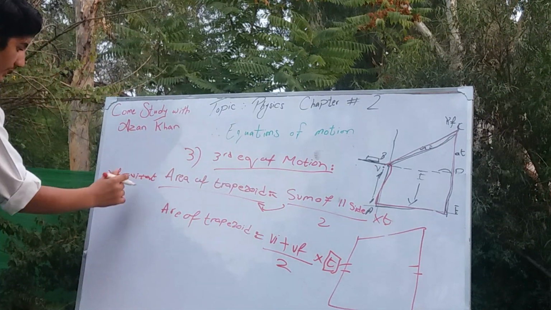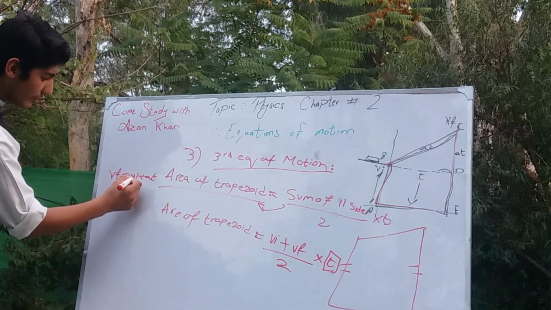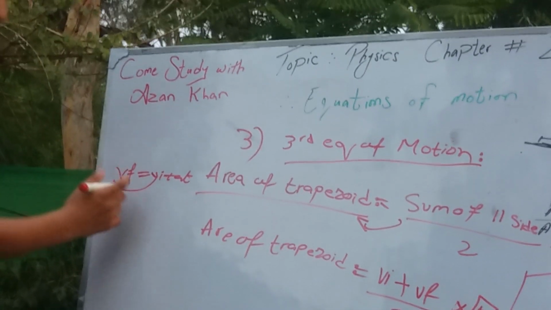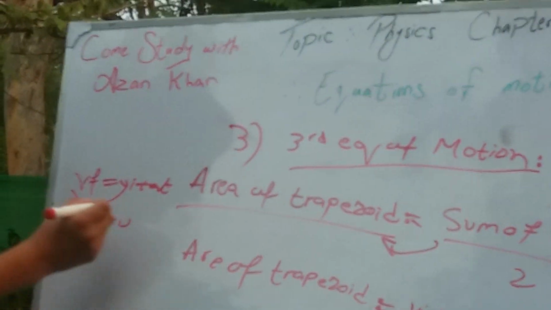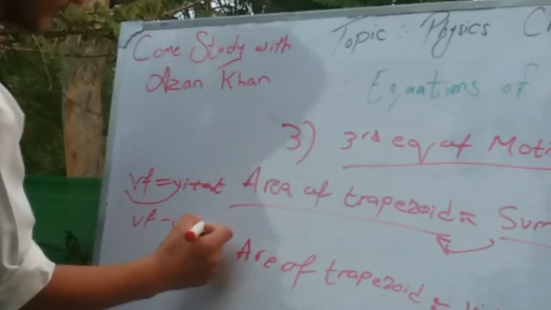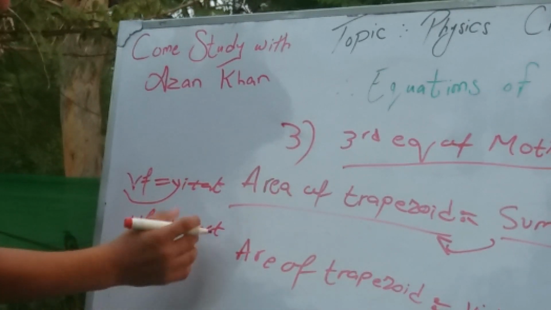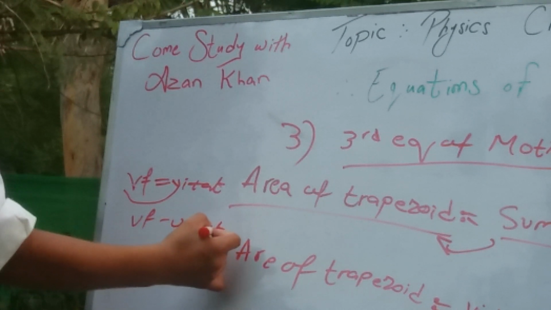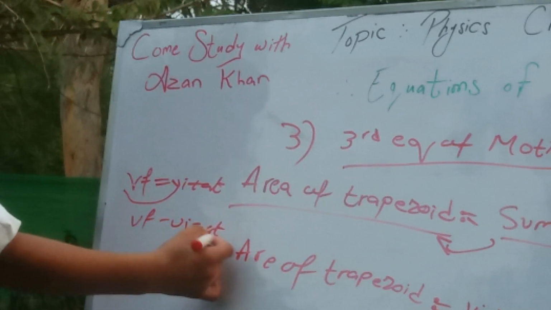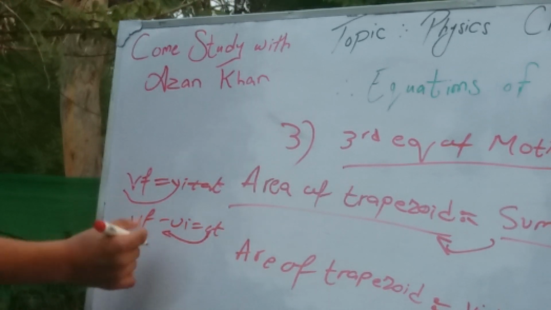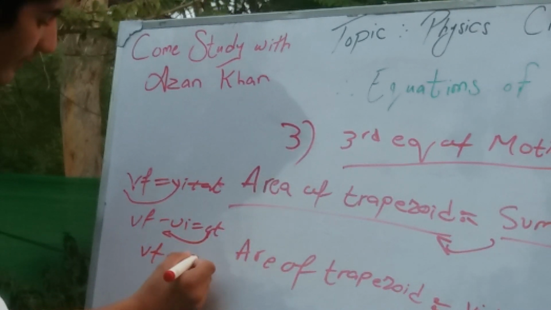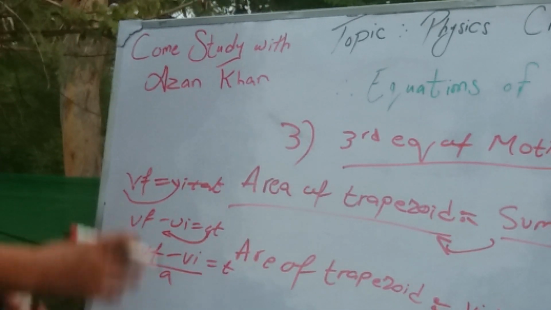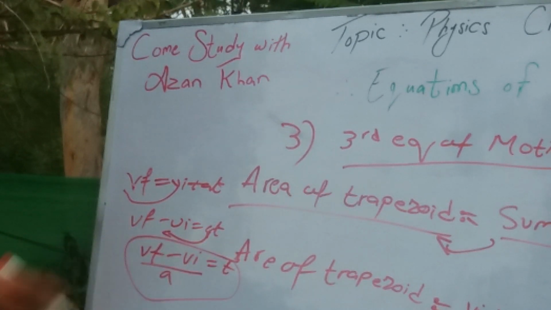Shifting Vi, we get Vf minus Vi equal to at. Now we shift a, which is in multiplication, so it will be in division. Vf minus Vi divided by a is equal to t. So now we have found this t.